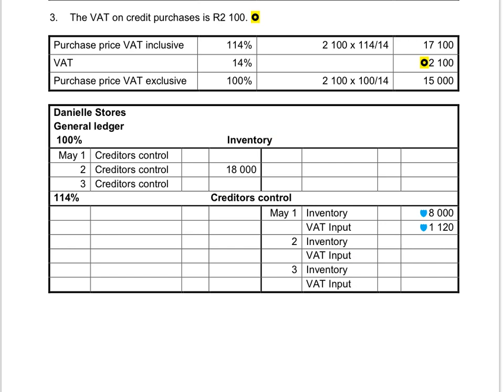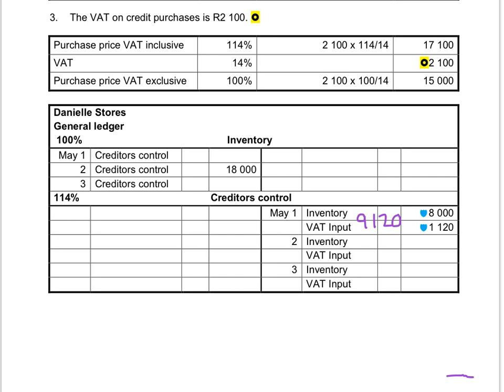If we want to do the calculations directly in the ledger accounts, in number 1, they gave us the total amount. So they gave us 9,120, and they said that is the amount that we bought from the creditors, including the VAT.